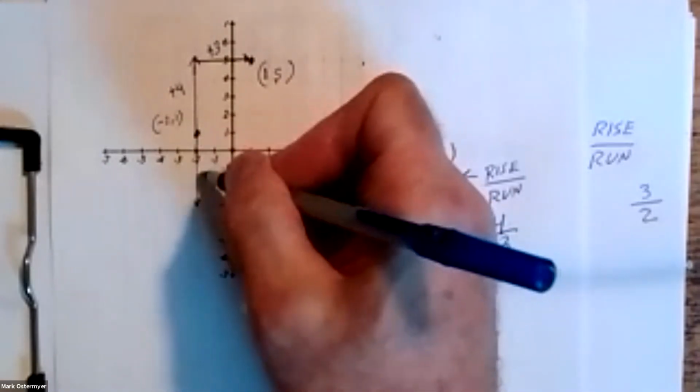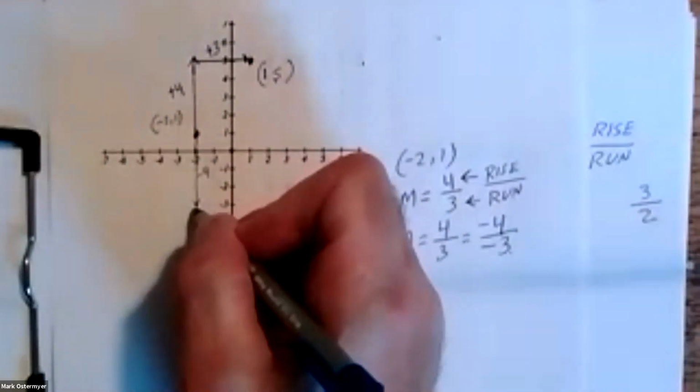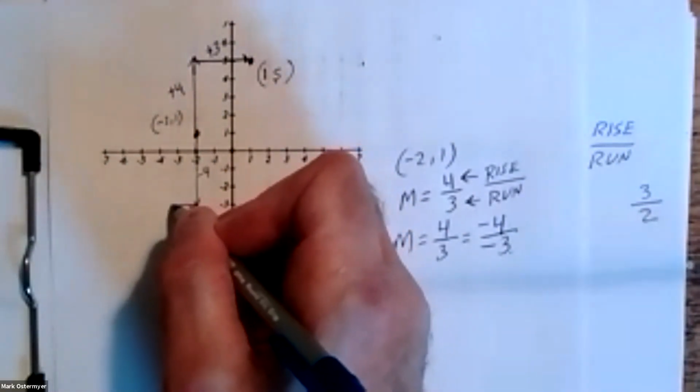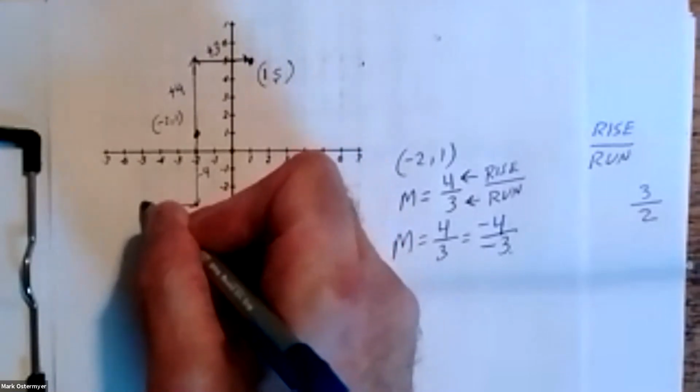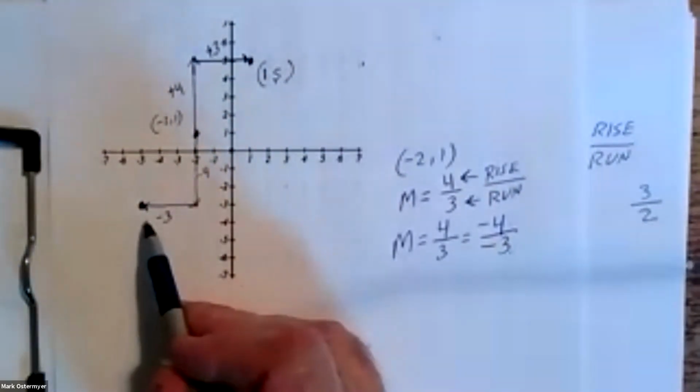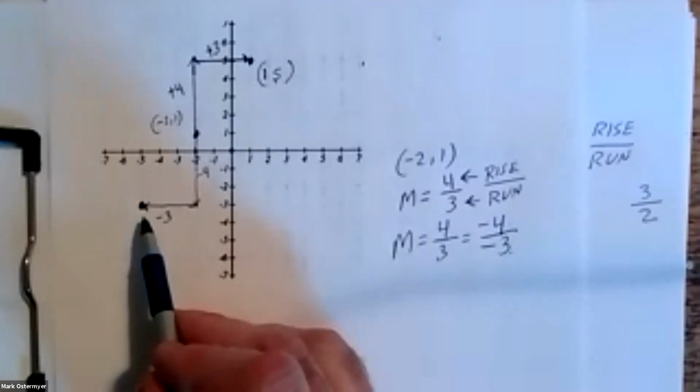There's a rise of -4. And then I've got to go 3 to the left now, the negative x direction: -1, -2, -3. Plot another point on our line right there. There's another point on your line. What would be its ordered pair address? What's the x coordinate of this point?